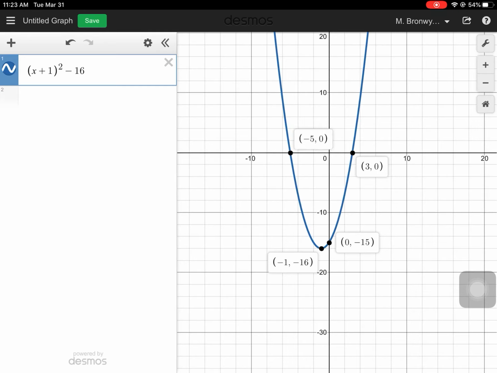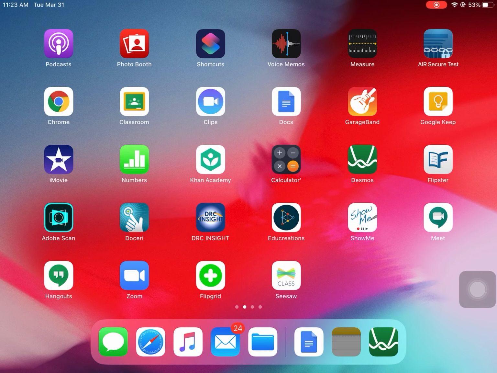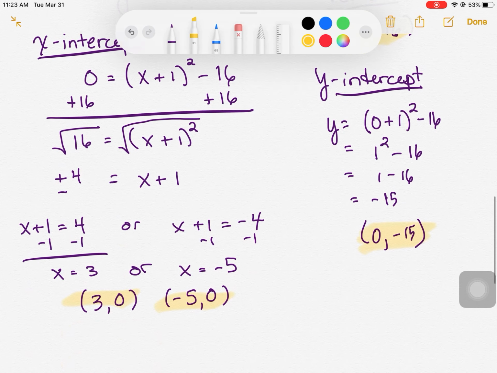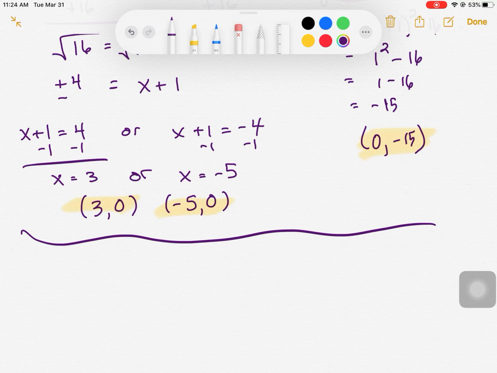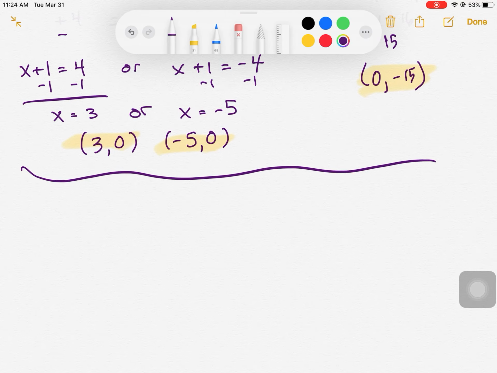I've got an x-intercept at (3, 0), and another x-intercept at (-5, 0). So sometimes it does work out that we can just go through a solving process and find those pieces fairly easily, without having to put it into standard form and then factor it and figure all that out.